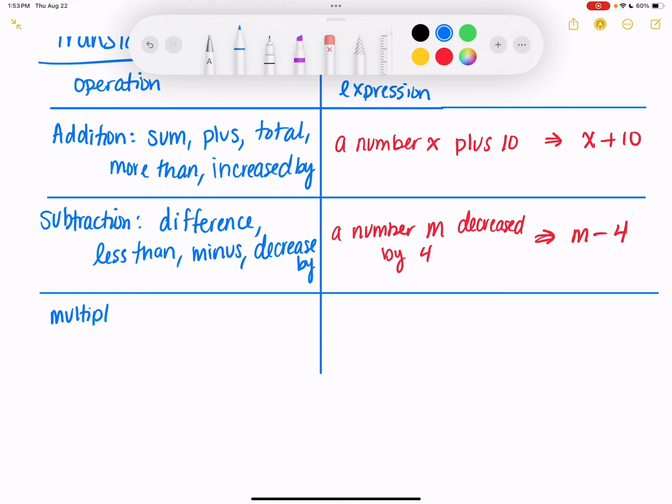Multiplication is the next one. This one could be, it'll say times, product, multiplied by. Another one that the book will sometimes use, but we don't see this one as much, is of, like literally just the word of, which means to multiply.